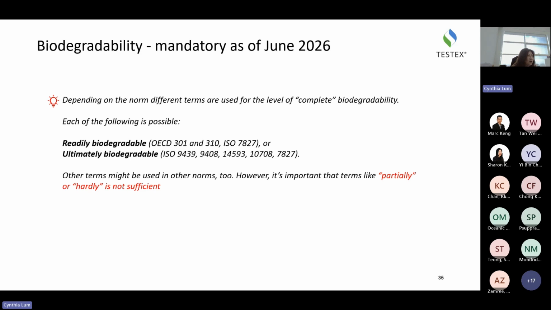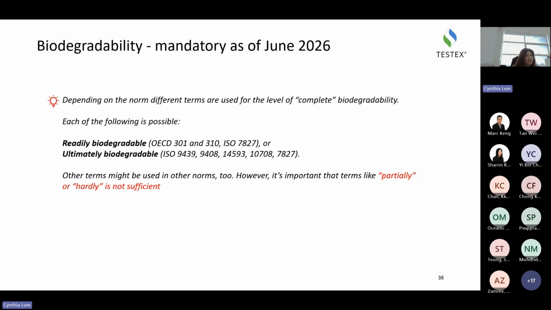Also, depending on the norm, different terms are used for the level of complete biodegradability. Each of the following is possible: readily biodegradable, which is provided if you have test reports under OECD 301 and 310 and ISO 7827, or ultimately biodegradable under ISO 9439, 9408, 14593, 10708, and 7827.